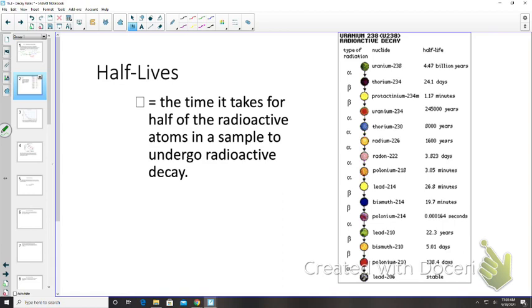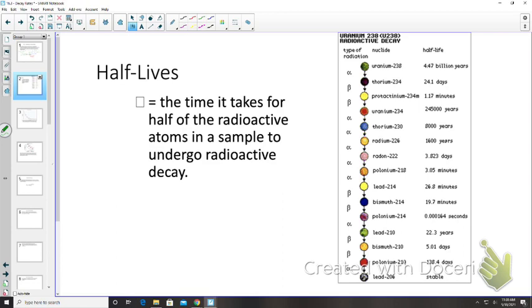scientists use half-lives instead, and this is the time required for half of the nuclei in a sample to decay. So instead of looking at when one particular nuclei will decay, scientists look at the entire sample and measure the radioactivity in terms of half-lives. If you look at the chart on the right here, we have some forms of radioactive elements, and we also have the half-lives there, right?